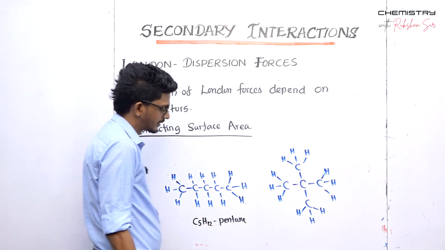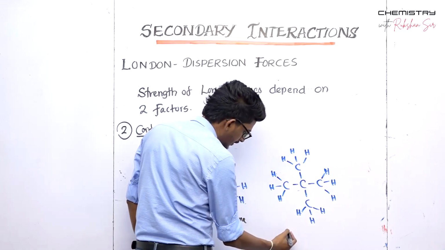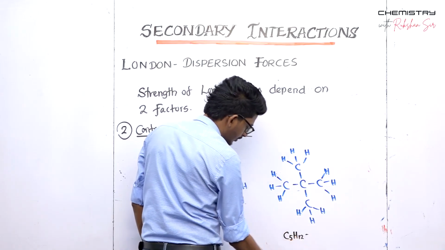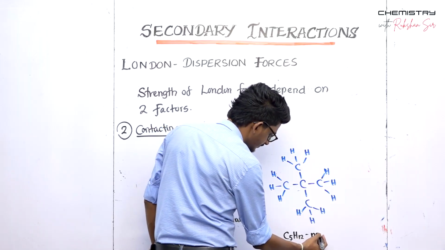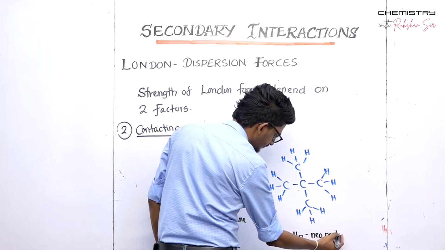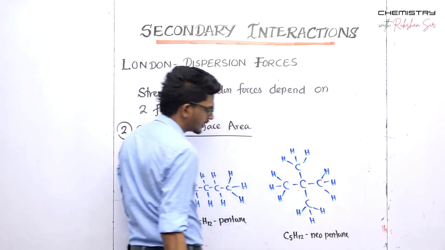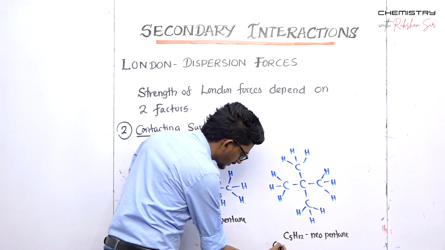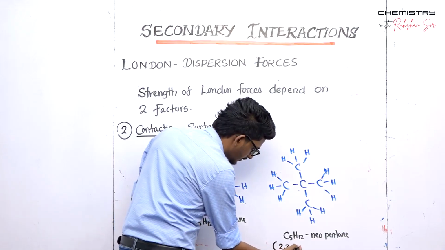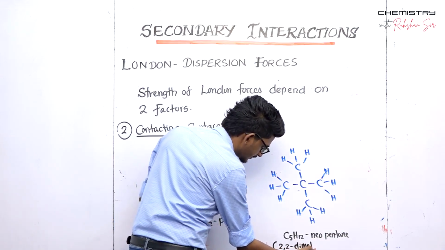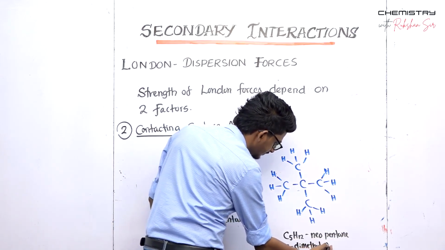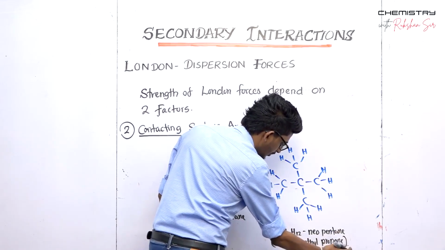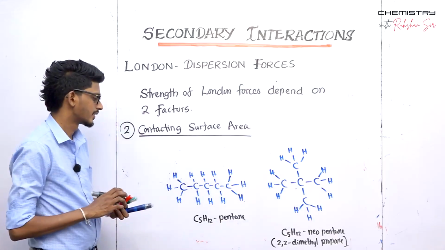This is also C5H12, but this is referred to as neopentane, or sometimes also referred to as 2,2-dimethylpropane. 2,2-dimethylpropane or neopentane, right?